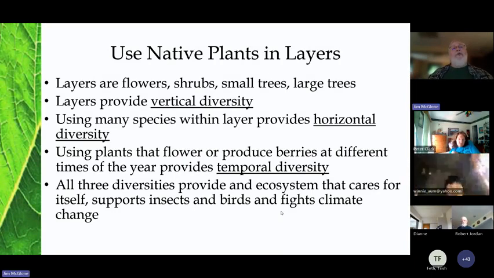And if you have all 3 of those diversities, you are going to be providing an ecosystem that will care for itself, because it will attract not only plant pests, but it will also attract the predators of those plant pests in terms of predatory insects as well as birds. And by replacing your turf with these larger native plants, you're also going to be doing more to fight climate change and provide climate resiliency.